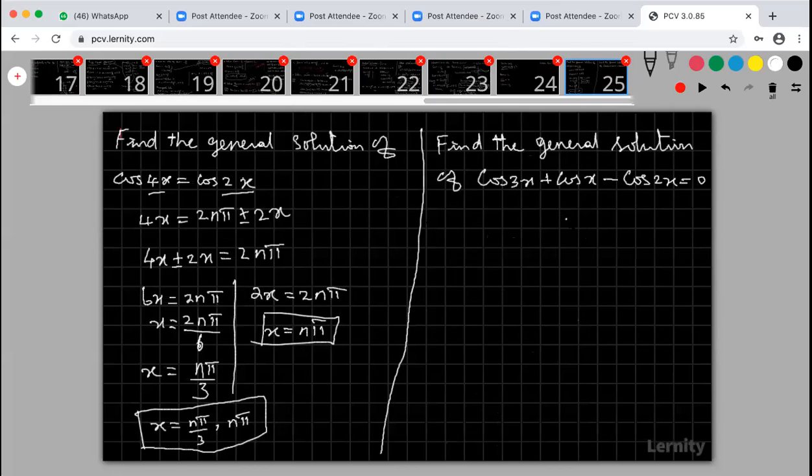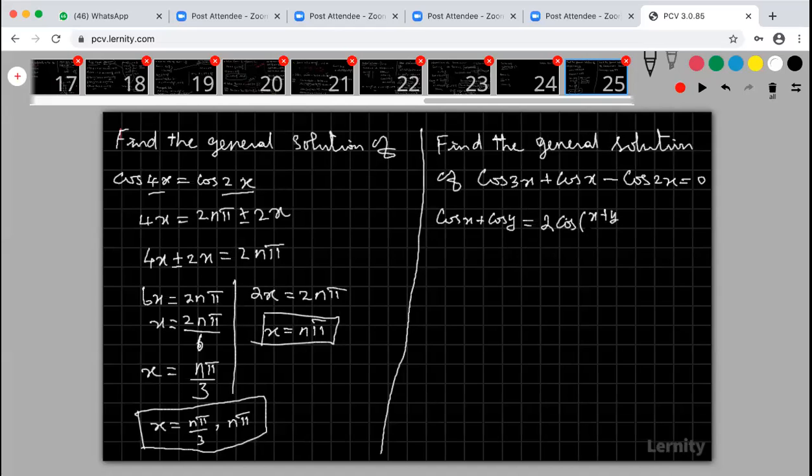Others, please try this problem. Find the general solution of cos 3x plus cos x minus cos 2x. I have told you that for cos x plus cos y, we have a formula. Don't add it as cos of x plus y. We have a formula for that, 2 cos of (x plus y) by 2.